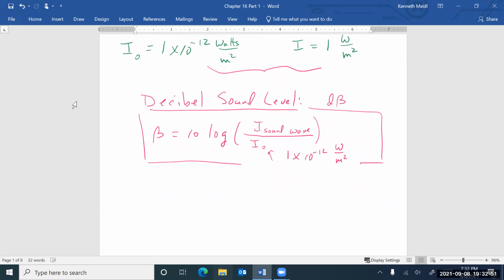So, for example, let's say that we measure some really small intensity, like what you can barely hear. That's what you are perceiving, that's what you're measuring.